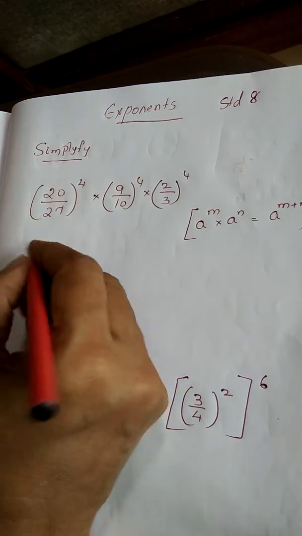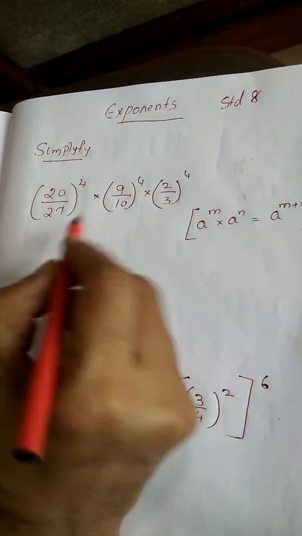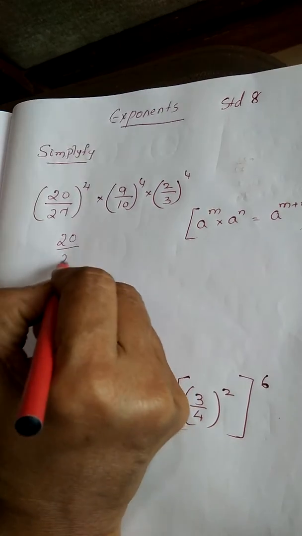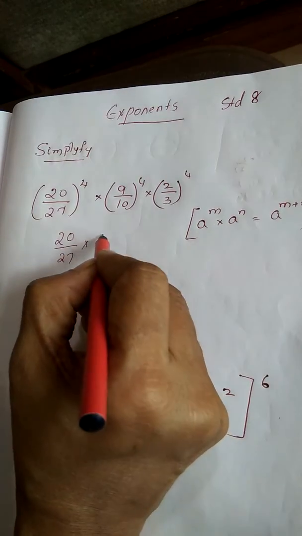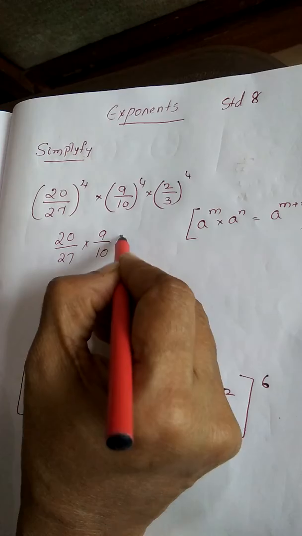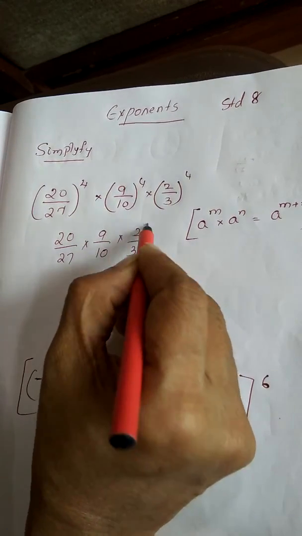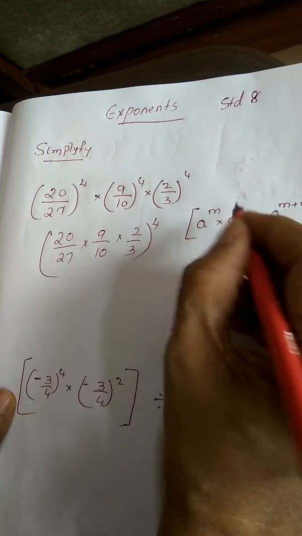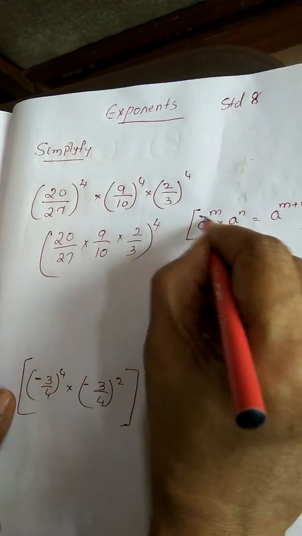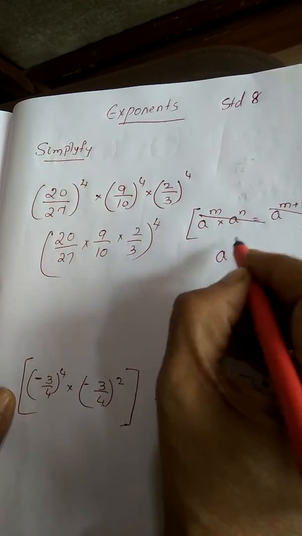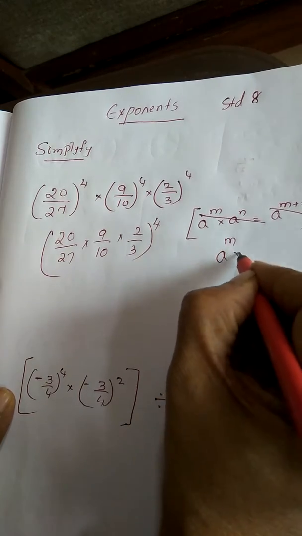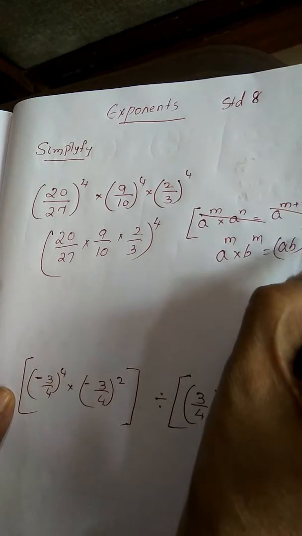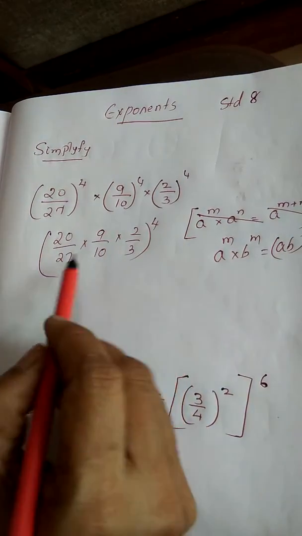So when the powers are the same, you can write it as 20 by 27 into 9 by 10 into 2 by 3, the whole to the power of 4. Sorry, a to the power of m into b to the power of m is equal to ab to the power of m. So we can write this.